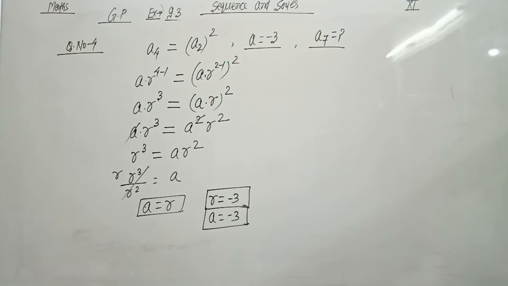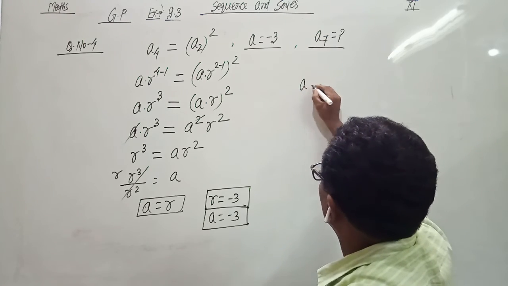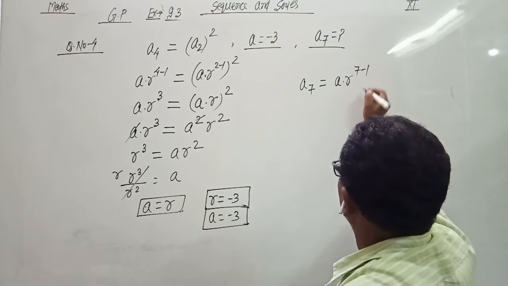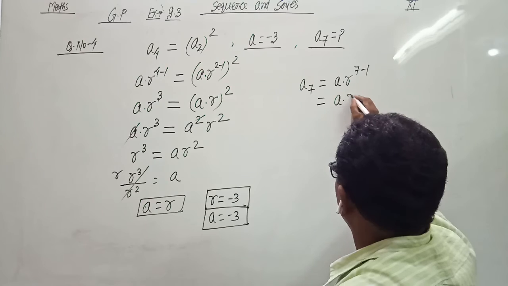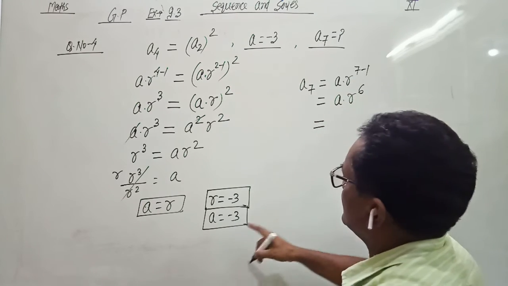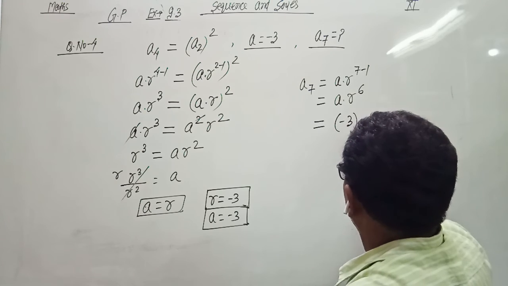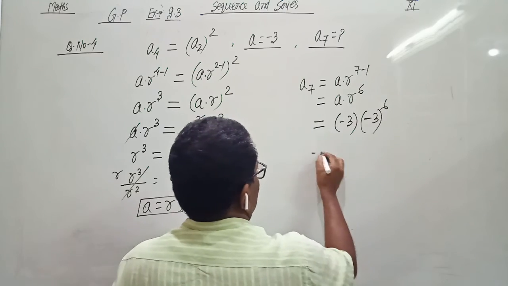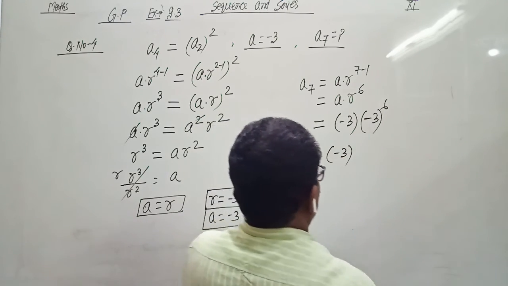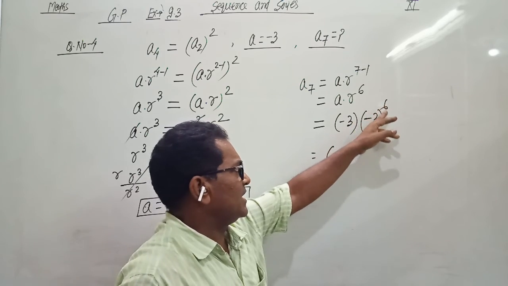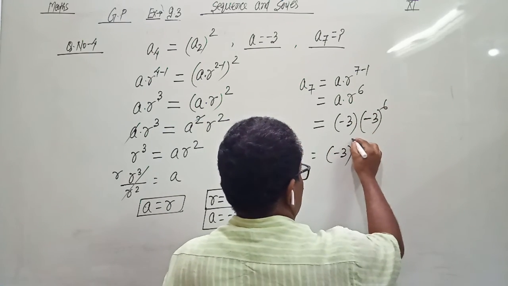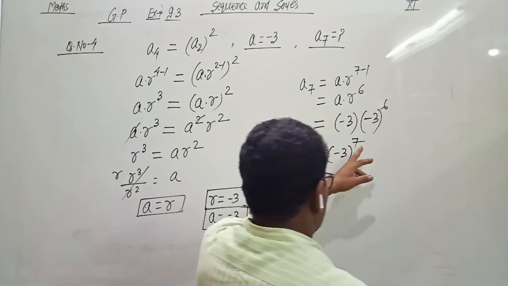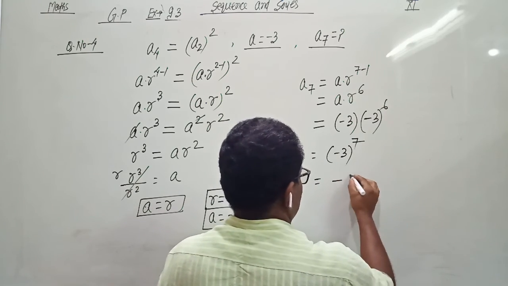Now we have to find A7, the seventh term. A7 means A into R raised to the power 7 minus 1, that is A into R raised to the power 6. The value of A is minus 3 and the value of R is also minus 3, raised to the power 6. So minus 3 raised to the power 1 and minus 3 raised to the power 6, the powers are added. So minus 3 raised to the power 7, and an odd power of minus gives minus.